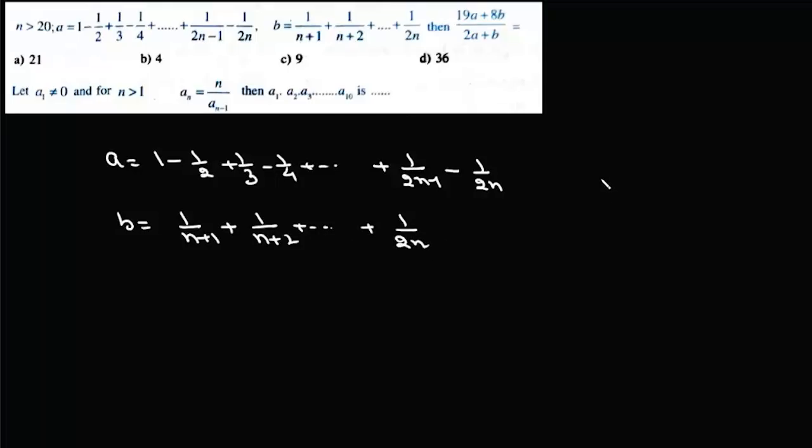We need to find the value of 19a plus 8b upon 2a plus b.